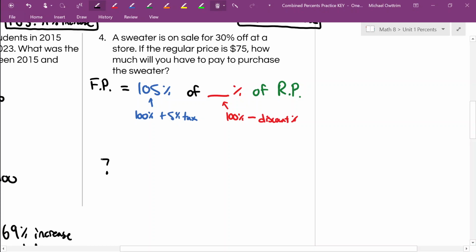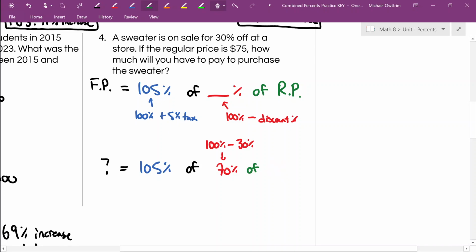We're asked how much will you have to pay. 105% is pretty much always the same in Canada. For our discounted percent, we were 30% off, so we're saving 30% or subtracting 30% from 100%, and that leaves us with 70% of the regular price.